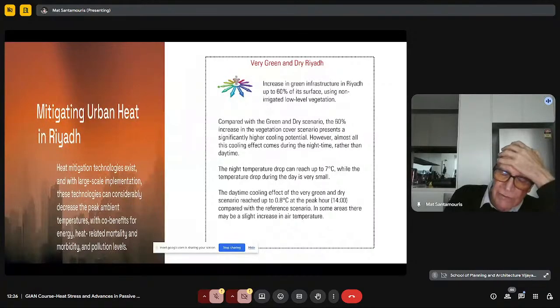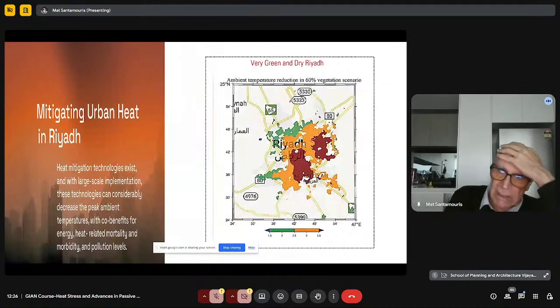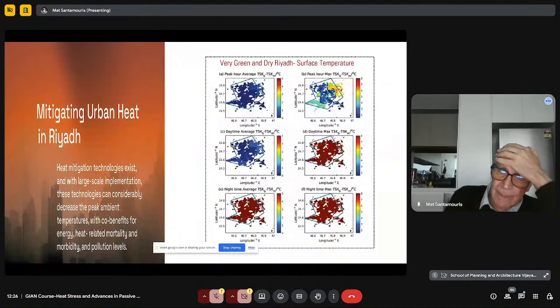The size of the park is not helping so much because the coolness of the parks is not transferred more than 350 meters from the boundaries of the park. So by increasing the size, it is not really helping so much, especially when it is not irrigated.